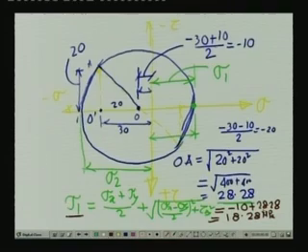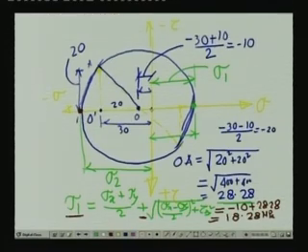And what will be the minimum principal stress? The minimum principal stress will act on this particular plane, which is sigma 2, which is sigma x plus sigma y by 2 minus the root of sigma x minus sigma y by 2 squared plus tau xy squared. In terms of the Mohr circle, the distance is this radius plus this distance, and this radius we have got as 28.28 plus we have 10.